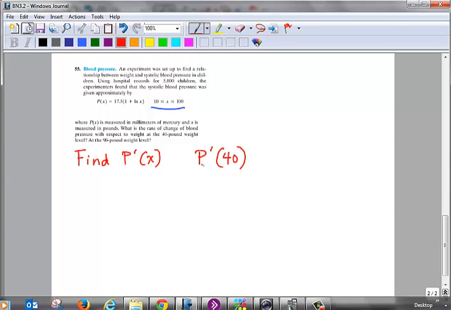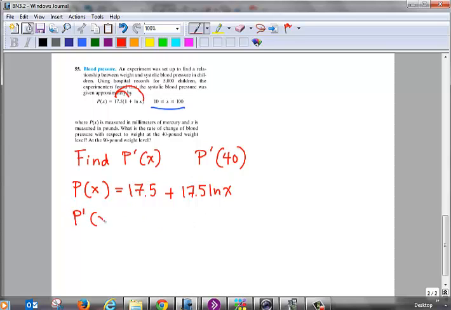We'll just interpret this 40-pound case. So keep in mind here that I can distribute the 17.5. So it'll be 17.5 times 1 plus 17.5 multiplied by the natural log of x. So that's my P of x.